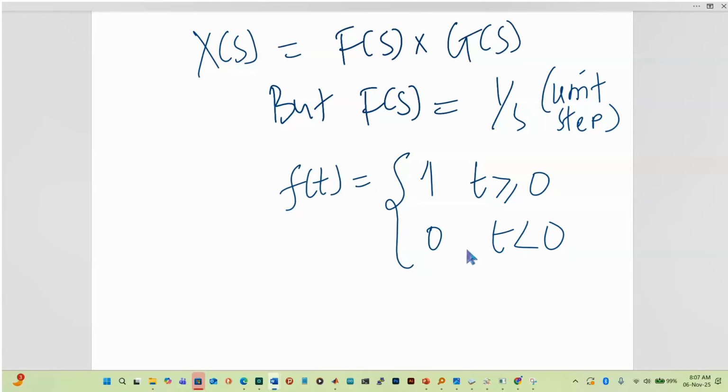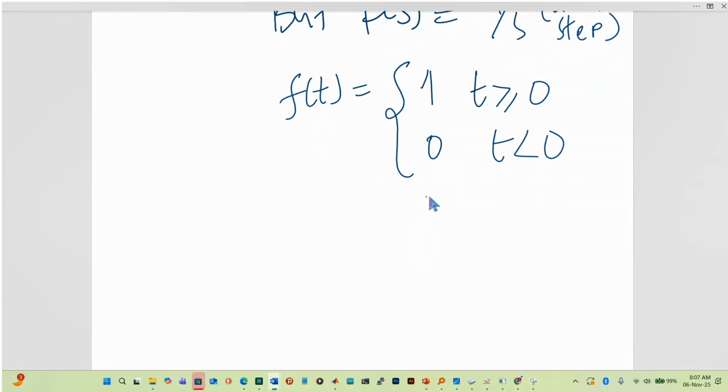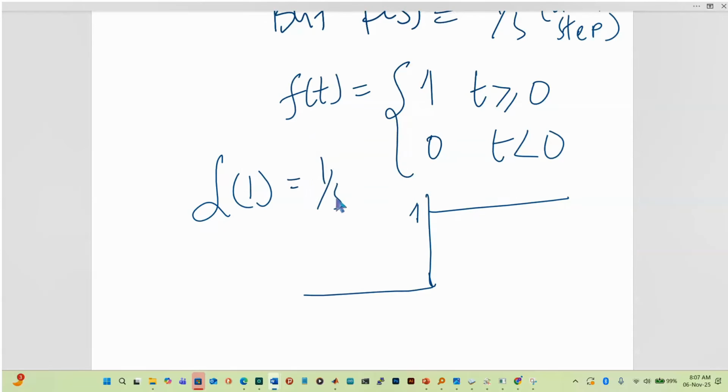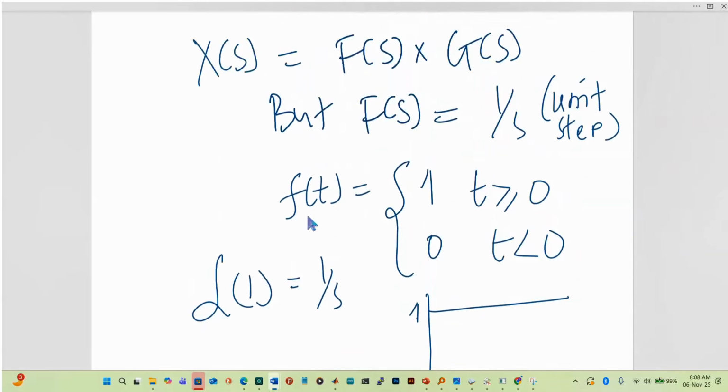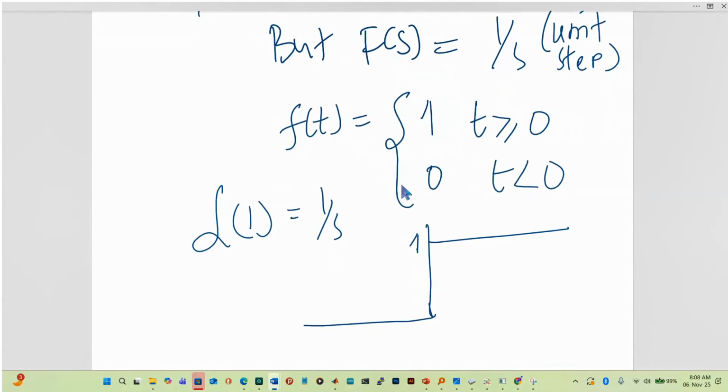When you plot it on the graph, it will be at 1. So when I take the Laplace transform of this 1, I will get 1 over s. So this is the Laplace transform of f(t), which equals the Laplace transform of 1.